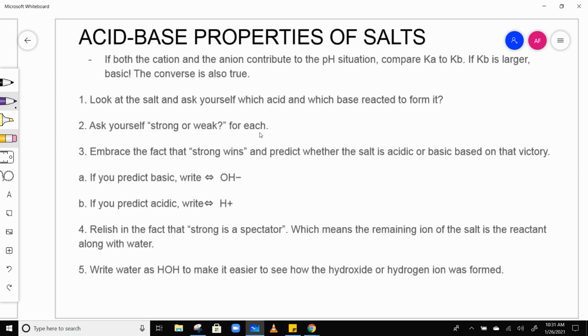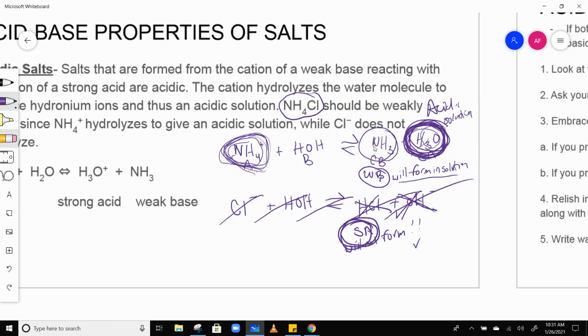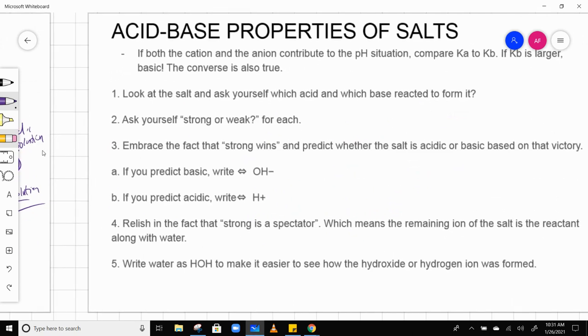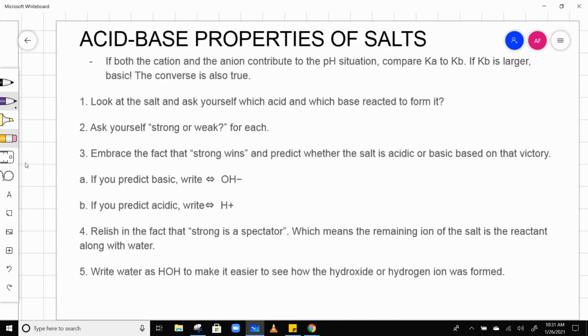So this is if, like I said here, if this one formed a weak base and this one formed a weak acid, okay, then you'd have to determine which one, whether the Ka is larger or the Kb is larger. Okay, if the Ka is larger, it's kind of opposite.